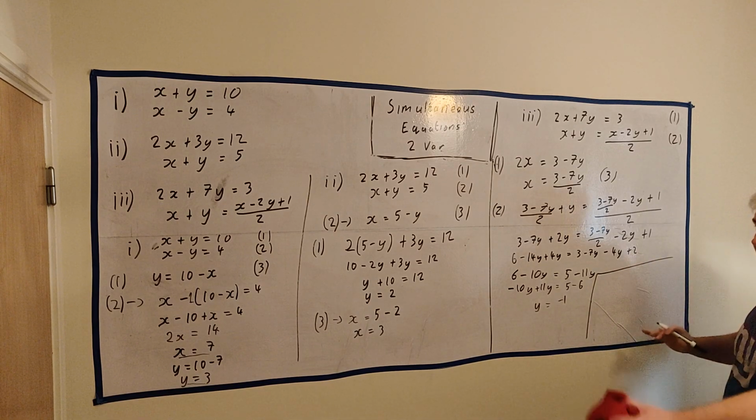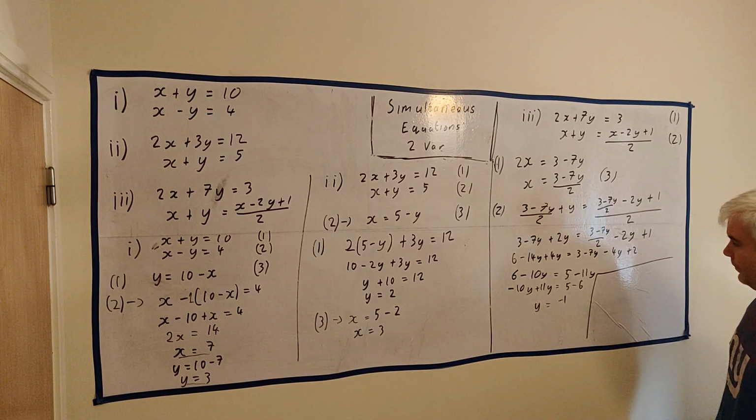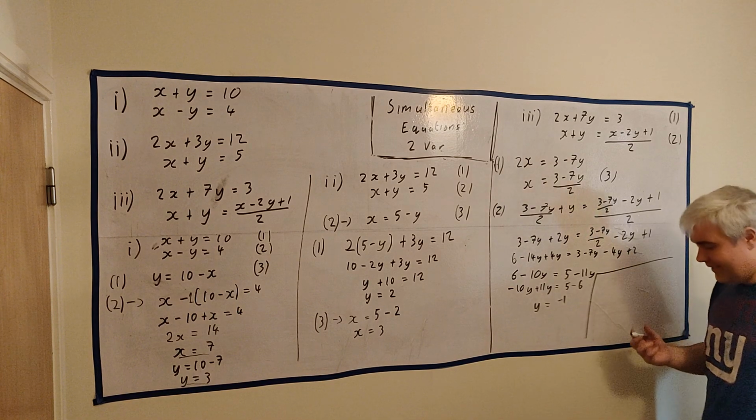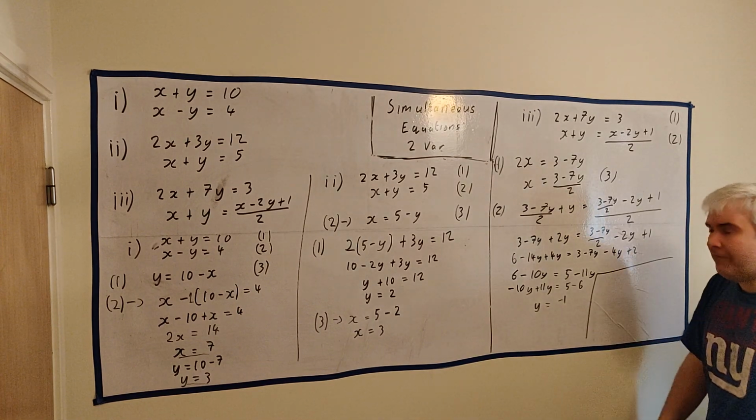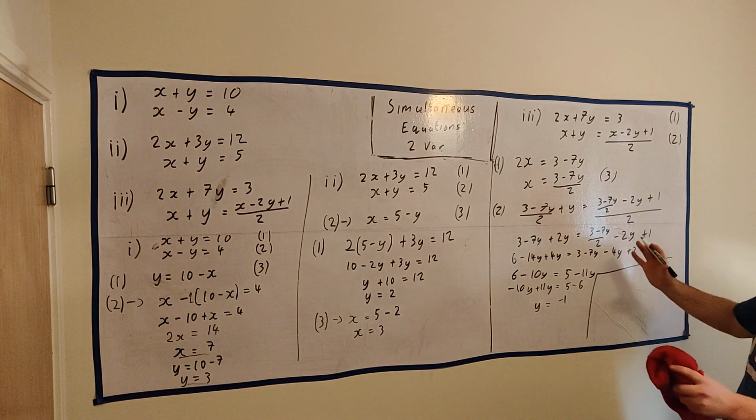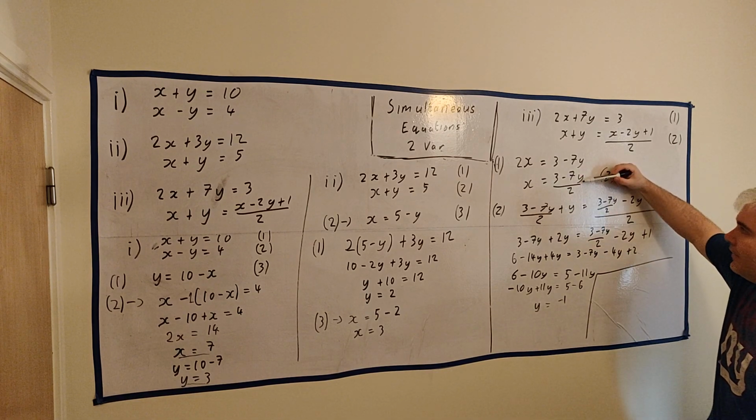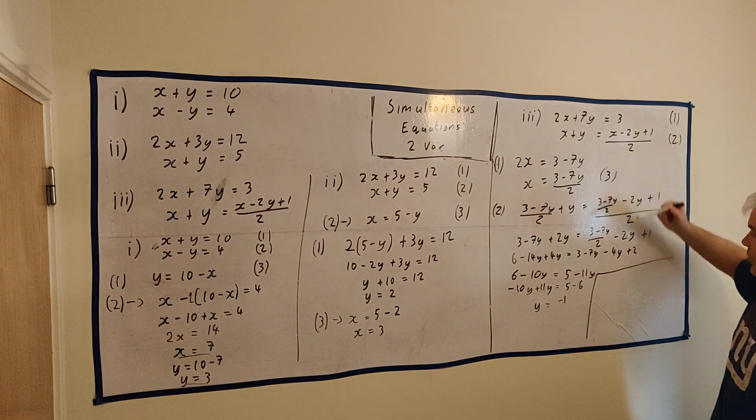Now, I apologize. I know this end of the board gets a little smaller for people. Hopefully this will still be seeable. y is minus 1, we're not finished. We still need x. But that's okay. Look ahead. Look back. There's a nice easy equation, number 3.